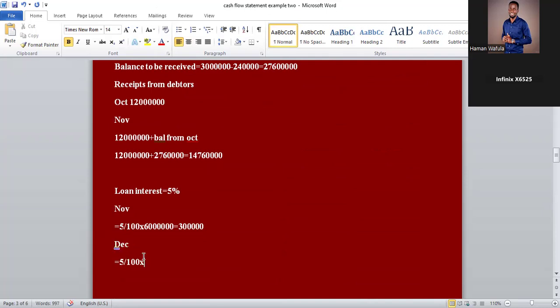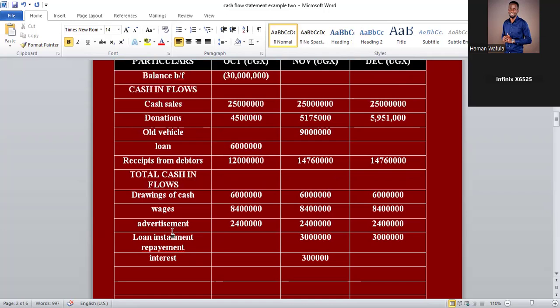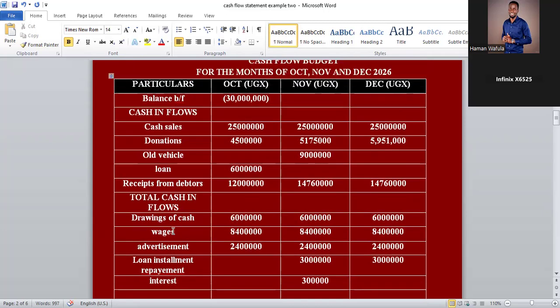omuntu ono yasiga tusinziira ku balance aba asigaddewo nti this person borrowed 6 million, sorry, the business borrowed 6 million, it paid back 3 million in November. Kitegeeza baba basigadde bagibanja mmeka?